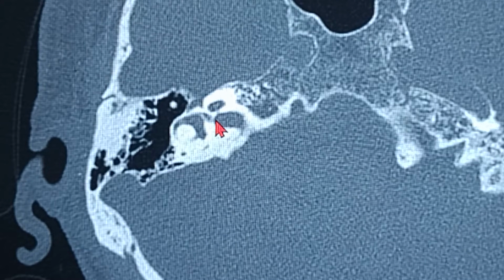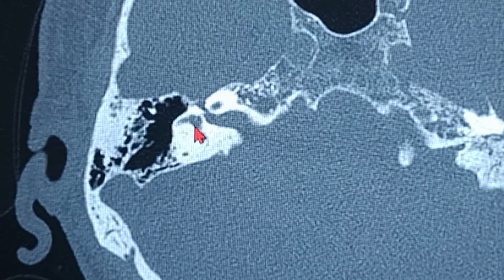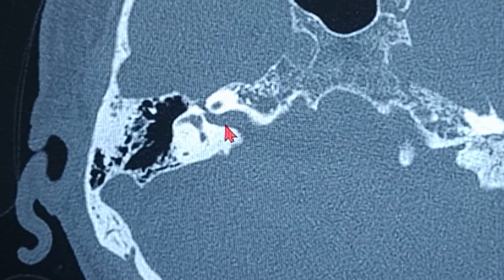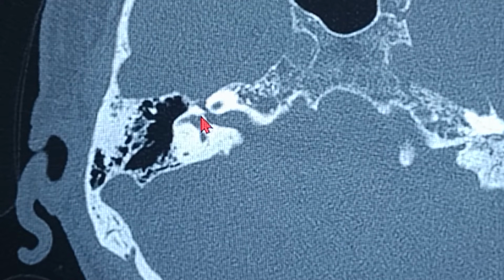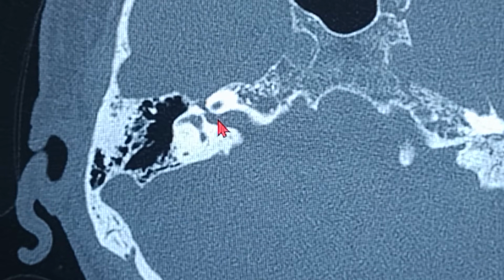Okay, so if we keep on going above, now you're going to see the facial nerve. That's still the canal and the vestibule over here. As we know, we saw the cochlear nerve along the cochlear aperture near the modiolus, and we saw the inferior vestibular nerve. Now as we go above, we can see the facial nerve.